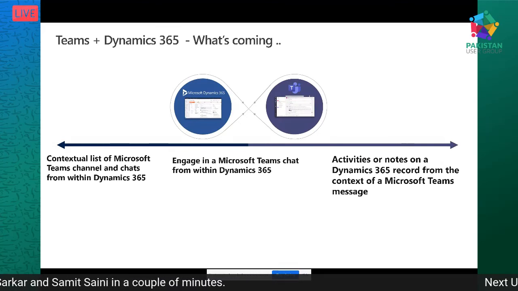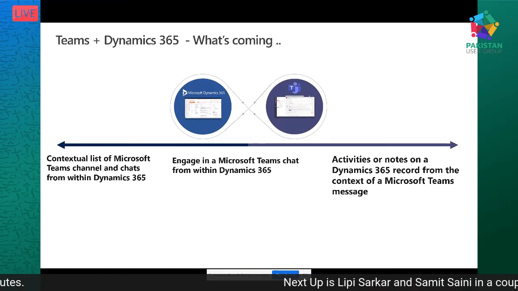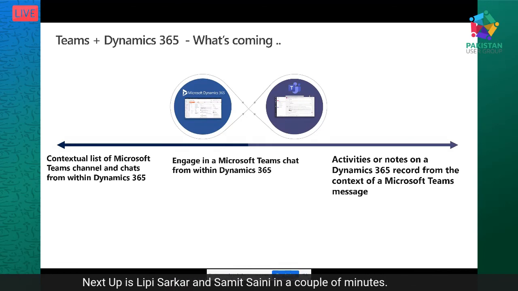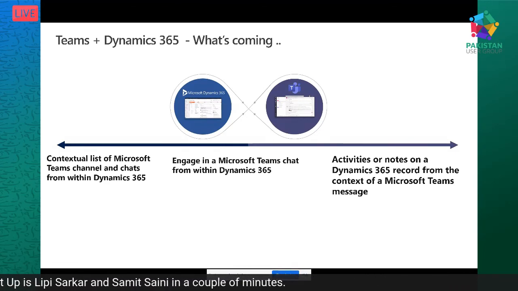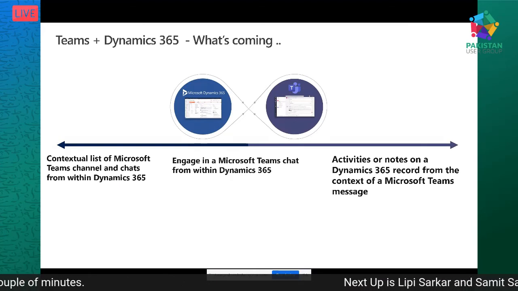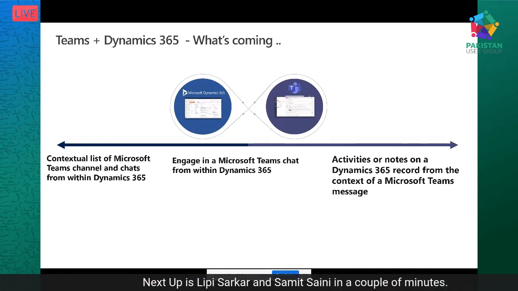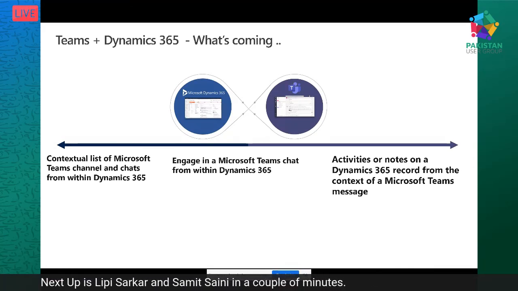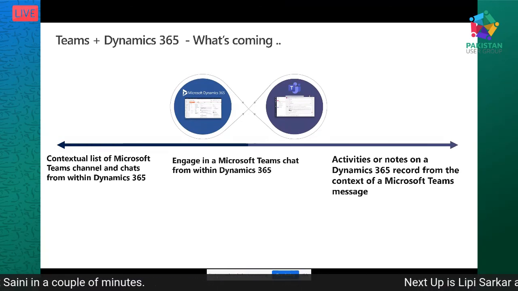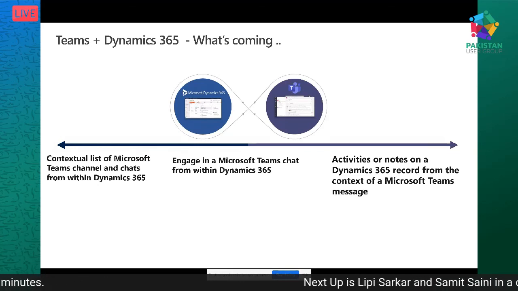The next thing coming is that you can engage in Teams chat from within Dynamics 365, as I already said. The next thing coming is that you can start sharing CRM records in Microsoft Teams messages with the help of interactive cards, and you can have activities or notes on a Dynamics 365 record from the context of a Teams message.